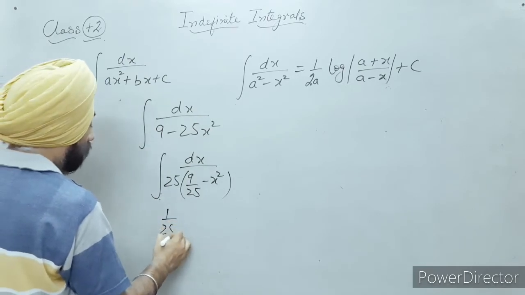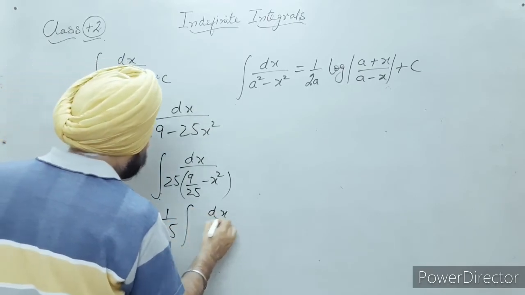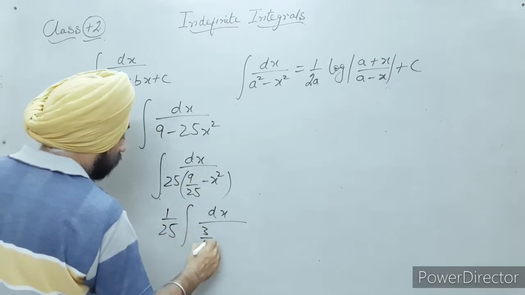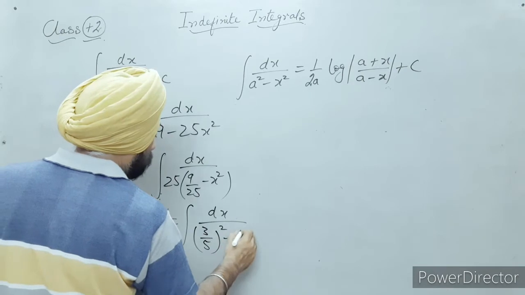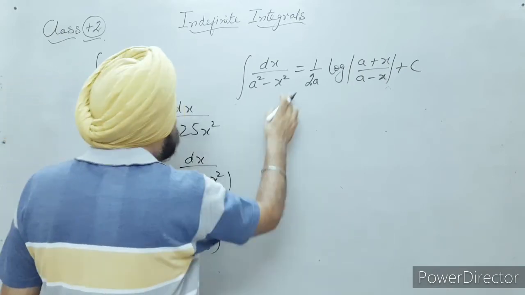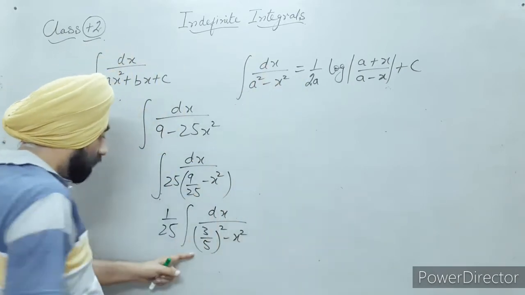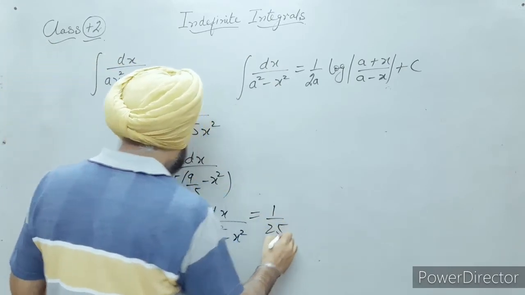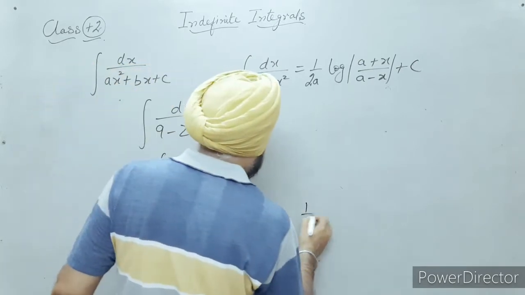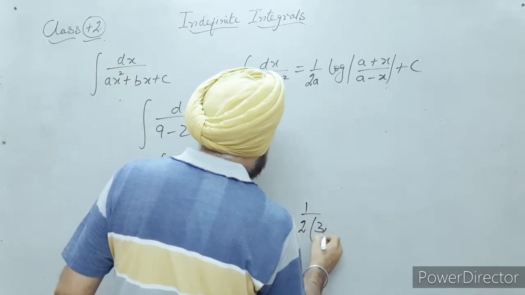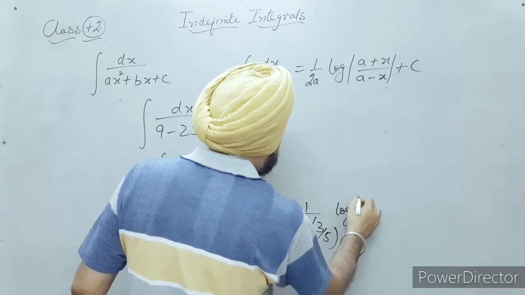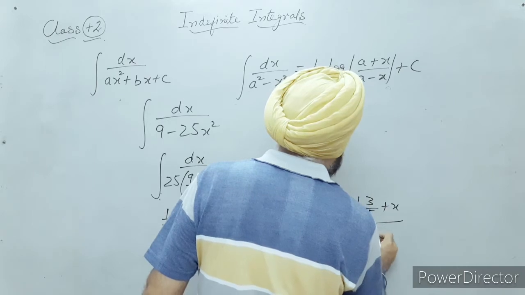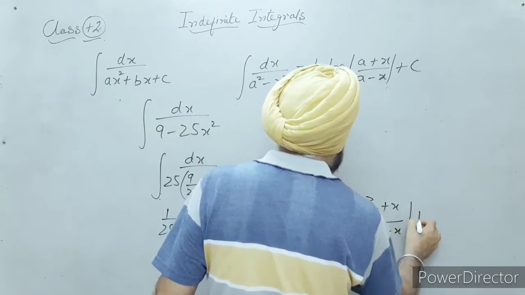That is 1 by 25 dx upon, I can write this 9 by 25 as 3 by 5 whole square minus x square. This becomes dx upon a square minus x square. So what is the answer? 1 by 25 as such, times 1 over 2a, log of a plus x, 3 by 5 plus x, upon 3 by 5 minus x, plus c.